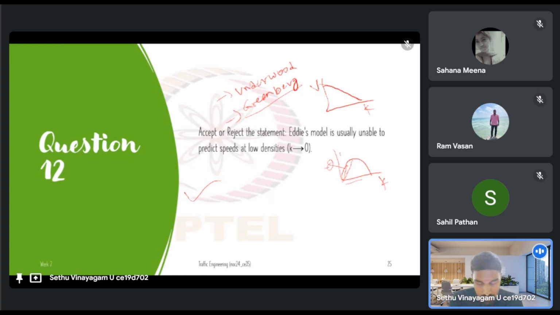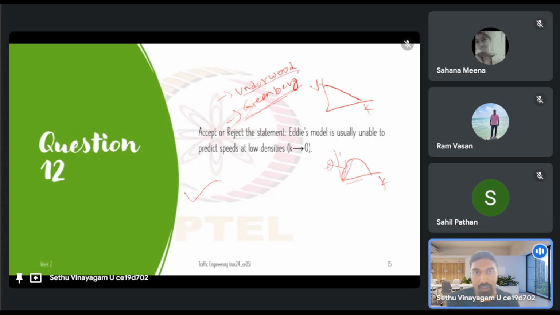But that is not true. What we see in reality is that speed will be fairly constant up to a certain level, and then only it will start decreasing. It won't initially start decreasing from the free flow. So for some densities, free flow speed will be maintained. That is not captured by the Greenberg model. So in the free flow regime, it fails to represent the reality.